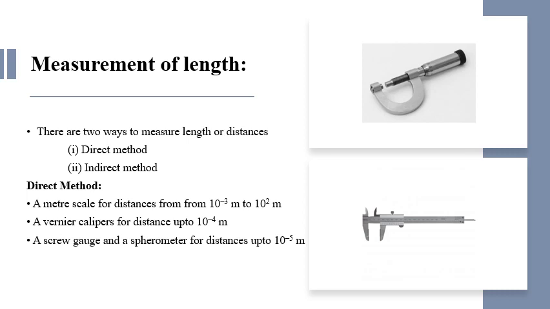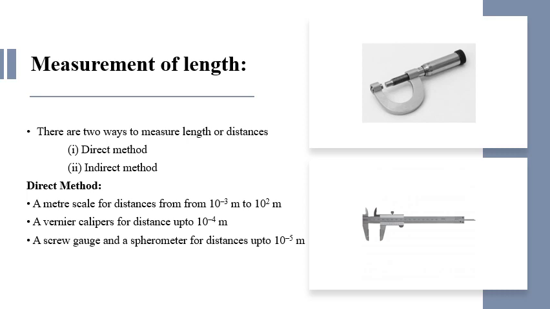And we have two more measuring instruments, like the vernier caliper, with which you can measure distance up to 10 power minus 4 meters, and by using a screw gauge and spirometer you can measure distance up to 10 power minus 5 meters. To measure length beyond these ranges, we make use of some special indirect methods.